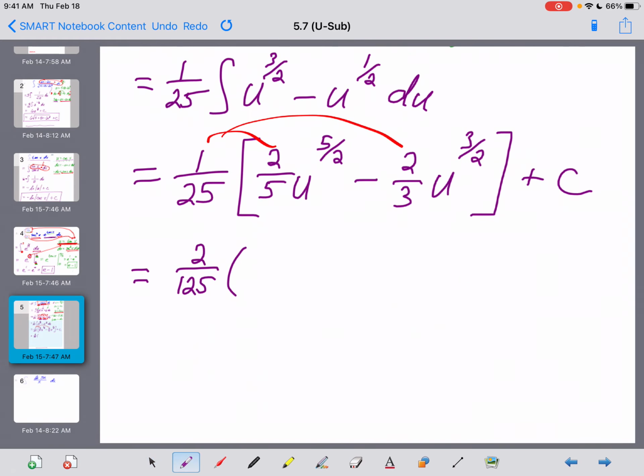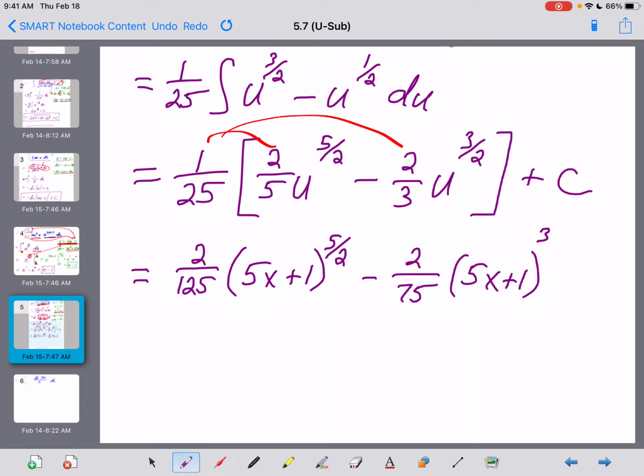There we go. I'm just not that bright. 5x plus 1 to the 5/2 power. Minus, what now? Ugh, that's just a 2 over 75. The u again becomes 5x plus 1 to the 3/2 power, and a plus c at the end.